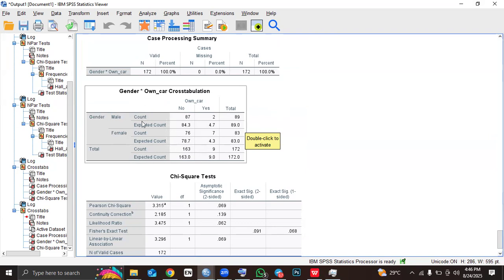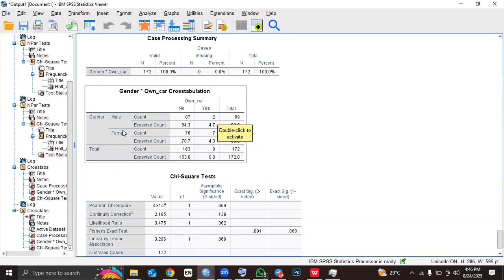We can see here that in our count, we observed 87 males saying that they do not own a car, but we were expecting 84.3 of the males not to own a car. Then we were also expecting 4.7 of the males to own a car, and we actually observed only two of the males owning a car.